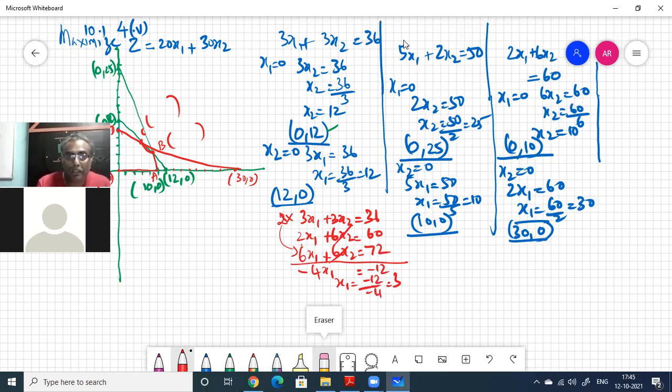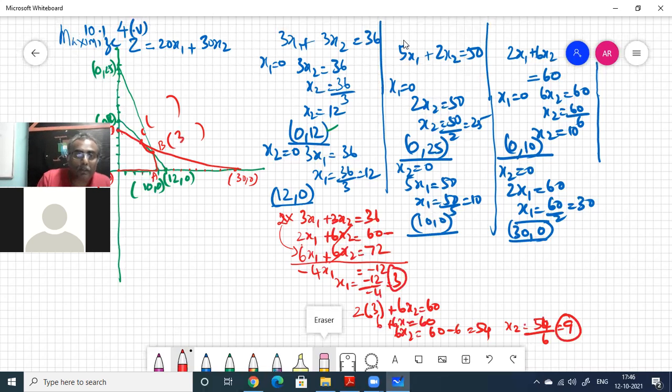Now you substitute that x1 in this one. 2 into 3 plus 6x2 is equal to 60. Okay, 6 plus 6x2 is equal to 60. So 6x2 is equal to 60 minus 6, that is equal to 54. So x2 is equal to 54 by 6, equal to 9. So x1 is 3, x2 is 9. So this point is 3, 9.